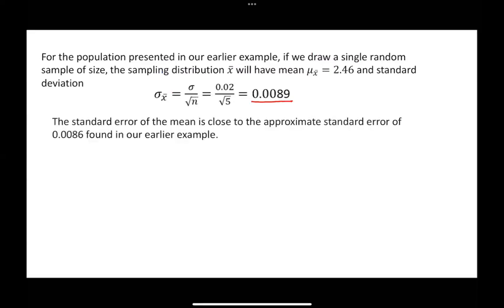This is very close to the 0.0086 that we found by actually mathing it all out. I don't think anybody is going to be mad about us being 3/10,000ths off. It's not going to be noticeable. 3/10,000ths of an ounce is not going to be a noticeable difference.